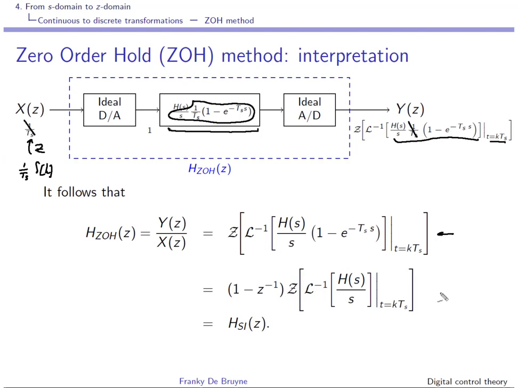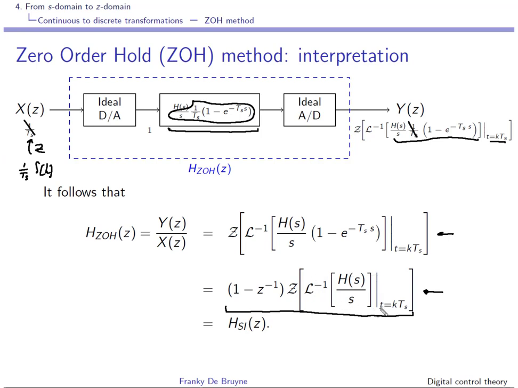We have shown in the previous slide that it is equivalent to this formula over here, and this is really the formula that we'll use for this ZOH method, which is also what will be used for the step invariance method, because both methods are indeed equivalent. So what you do is compute the step response. So H of s divided by s, inverse Laplace, that's the step response.